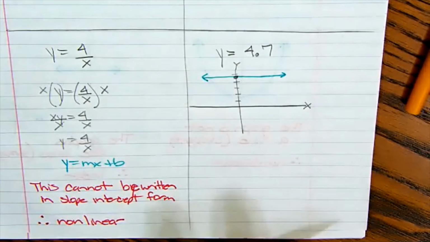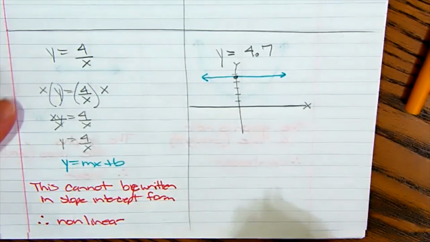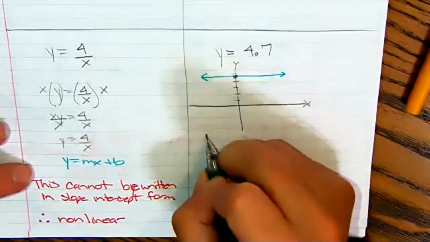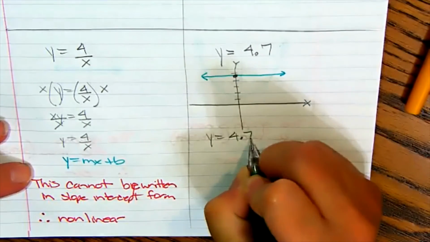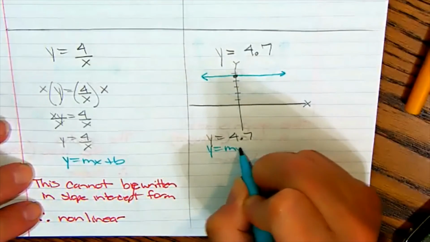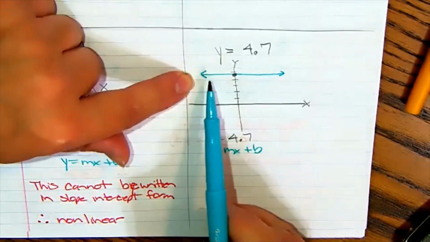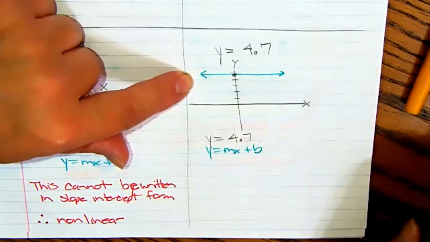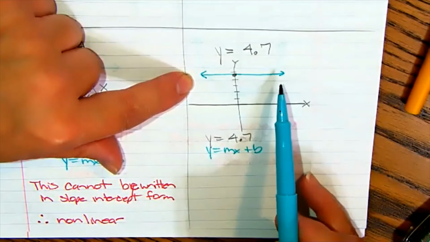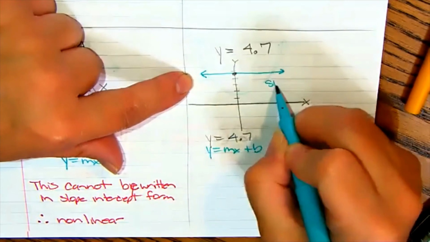Remember, y equals 4.7. We need it to look like y equals mx plus b. Remember, when we have a flat line, the slope is 0.